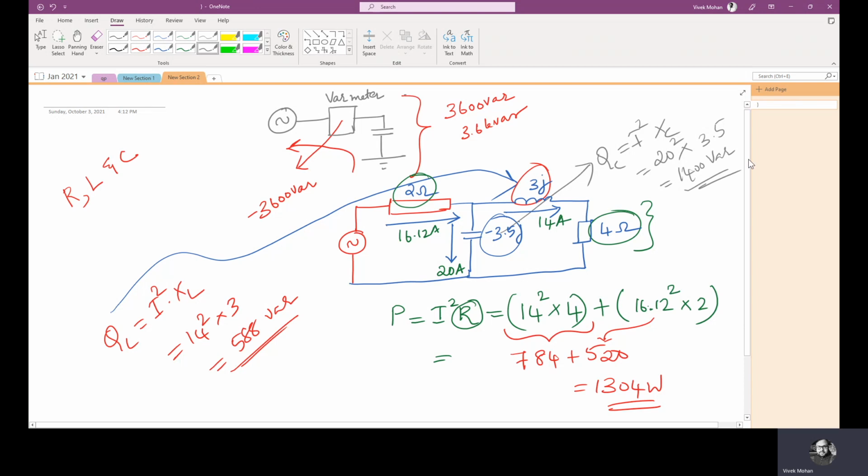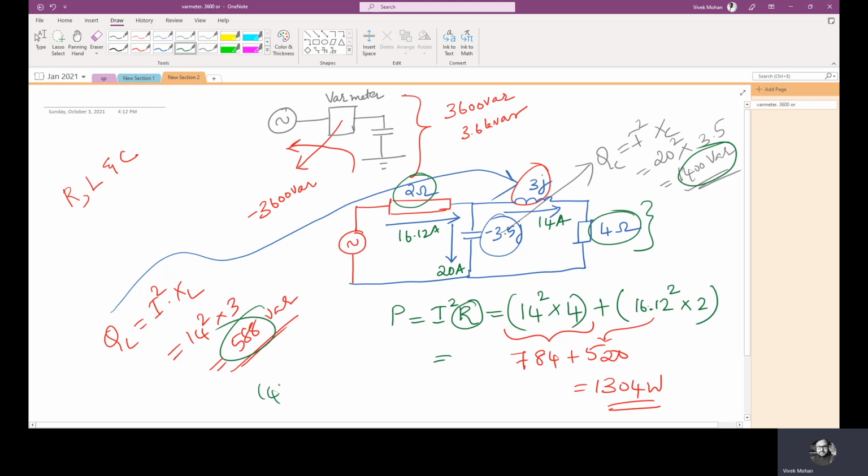Now the R, L and C in the circuit generate a net reactive power of, what is the net reactive power? This is 1400, then this one is 588.